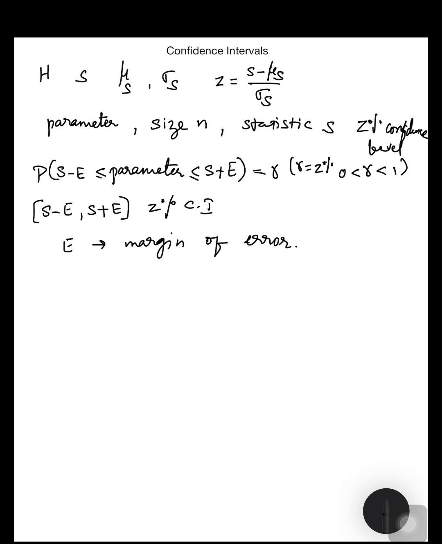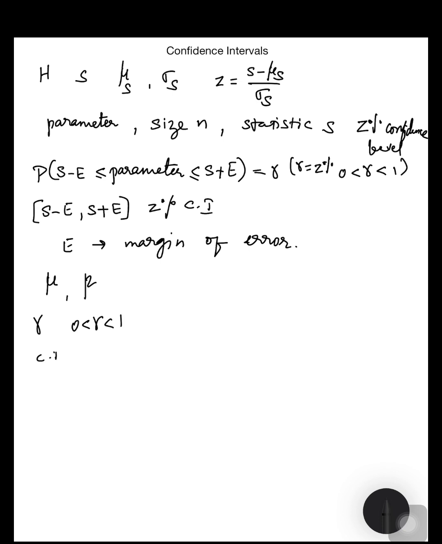The parameters which we want to estimate are mainly the population mean mu and the population proportion P. So let us say that gamma is the specified confidence level such that gamma lies between 0 and 1.